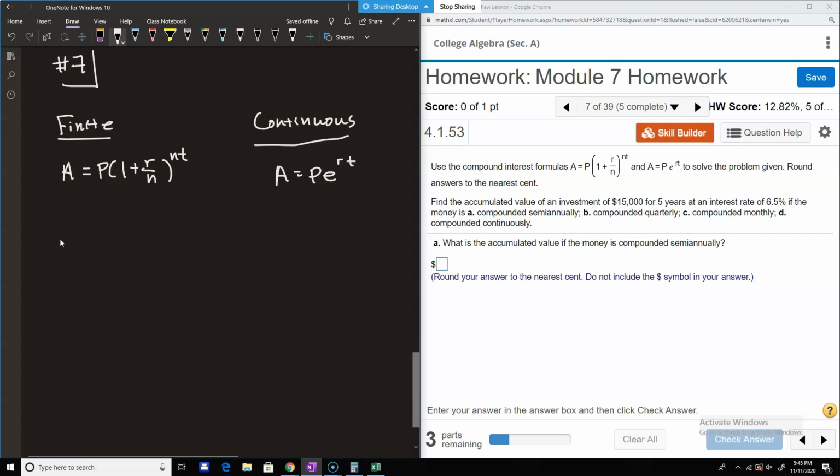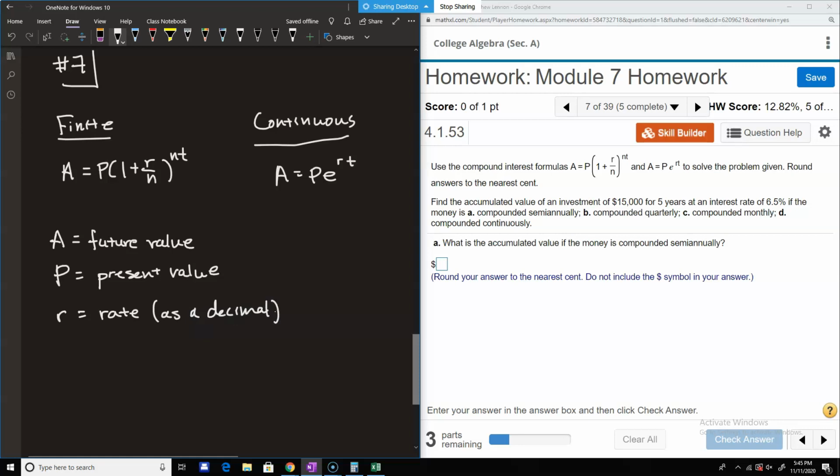Okay, so A stands for the accumulated amount or future value. P is the principal invested or the present value. R is the rate, the earnings rate or interest rate, and I'll make a note, this is as a decimal.